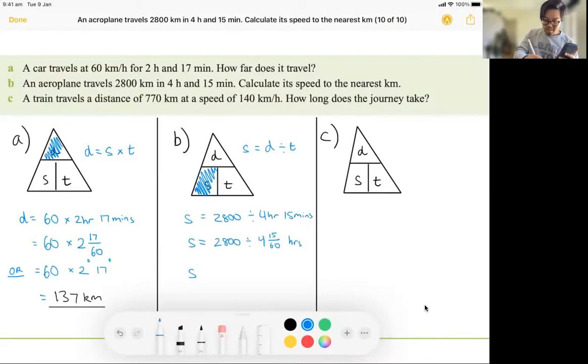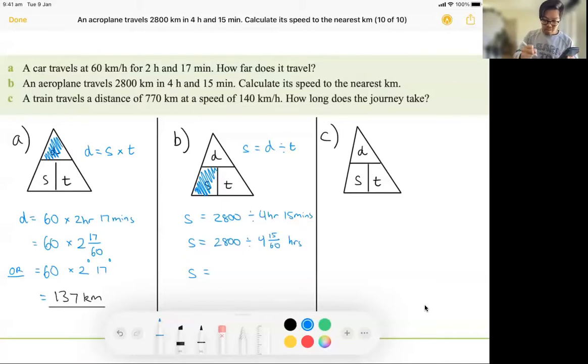And so here my speed will be, let's go 2,800 divided by shift fraction button, so I can do the mixed numeral, 4 full hours and then 15 out of 60. And I divide it, and what I get is this really weird long answer, but it says here to the nearest kilometer.